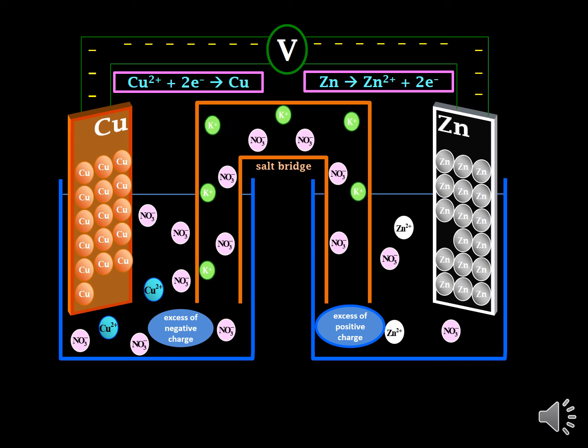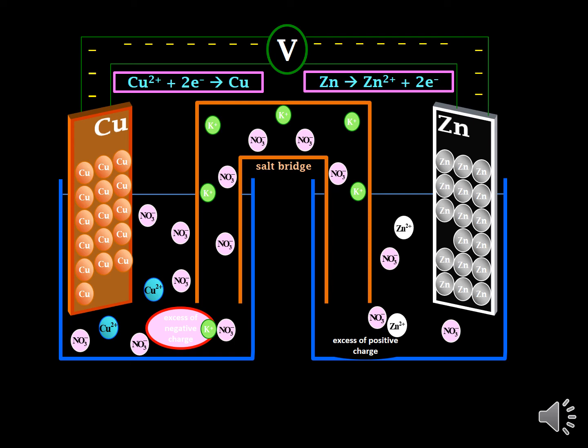Now the salt bridge will play its role to balance the charges in both of the compartments. As we know that there is excess of negative charge in the left compartment, positive ions from the salt bridge will shift towards this compartment to balance the negative charge. And in the right compartment of the zinc electrode, there is excess of positive charge, so the negative ions, that is nitrate ions, from the salt bridge will move towards this compartment to balance the excess of positive charges.